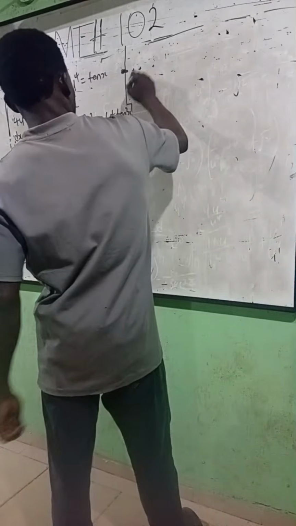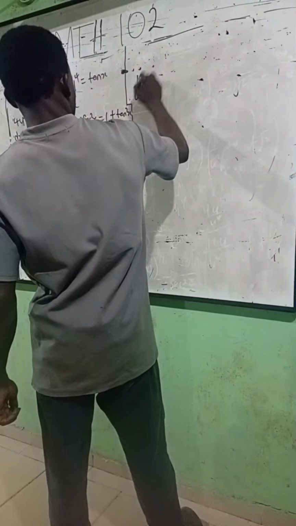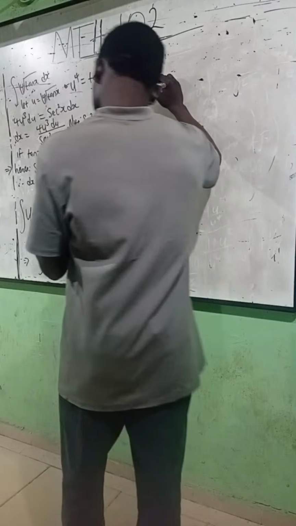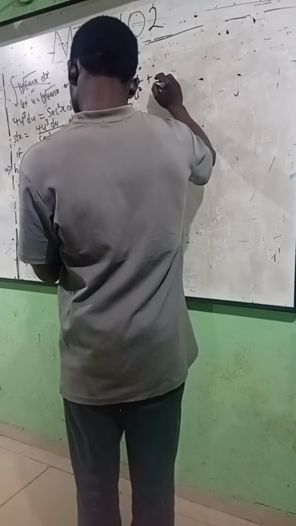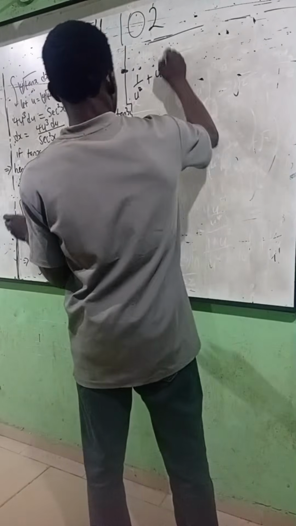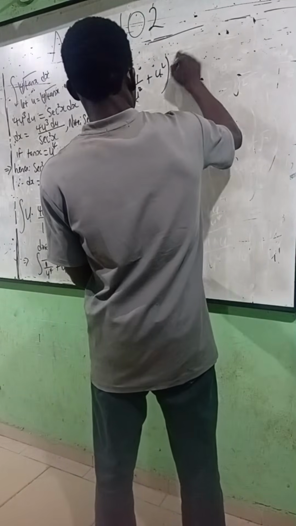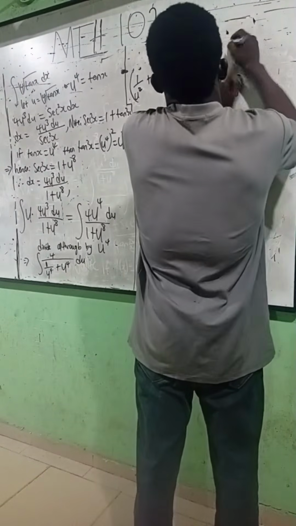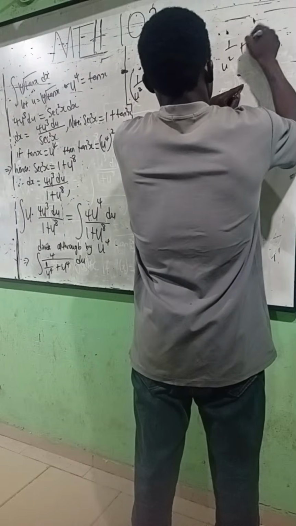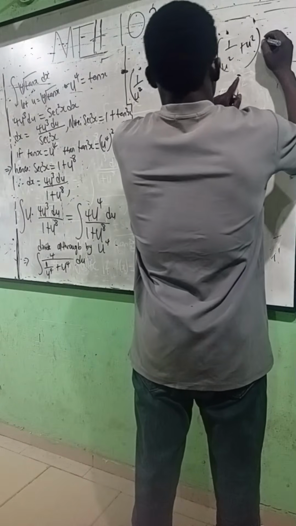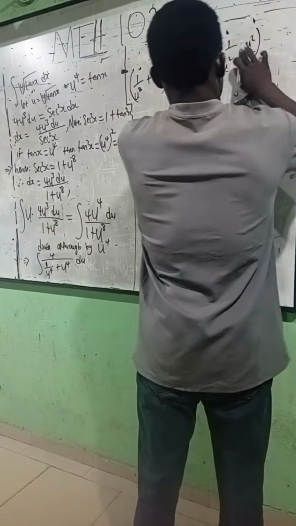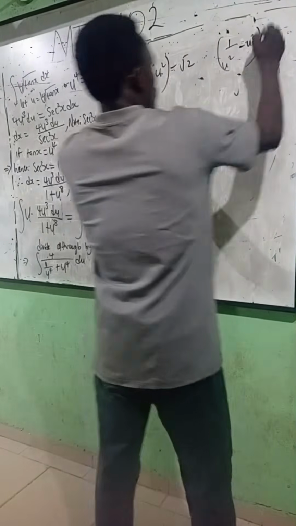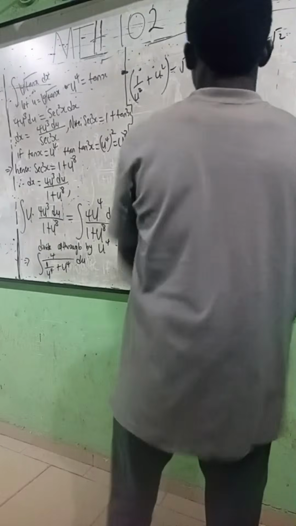1 over u square plus 1 over u square plus u square plus root 2. I can see right now 1 over u square plus u square minus u square is minus root 2 plus root 2.